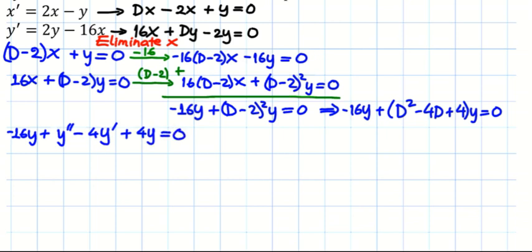Now to simplify this, we have the second derivative minus 4 times the derivative minus 12 times the function equal to 0.